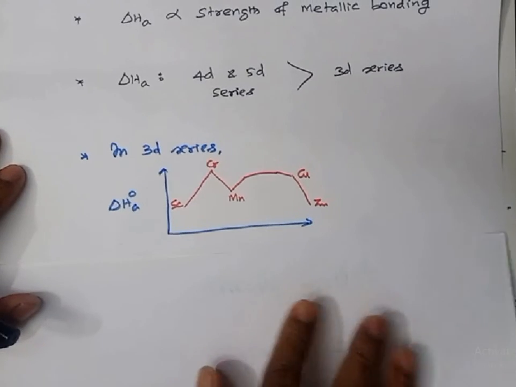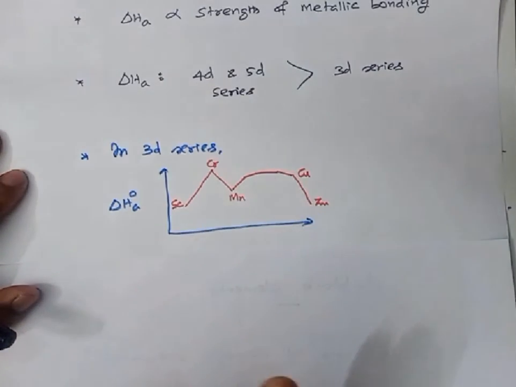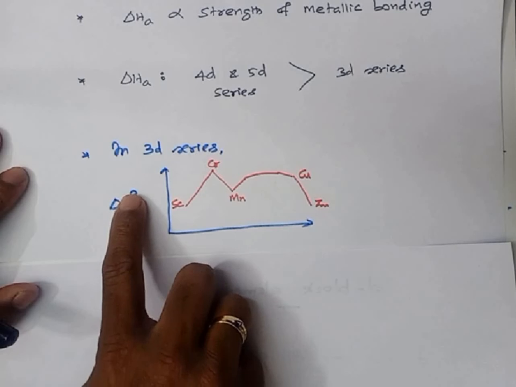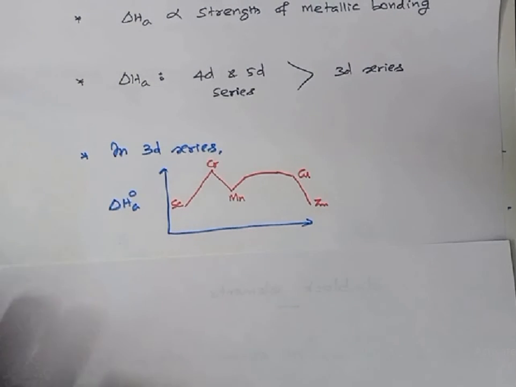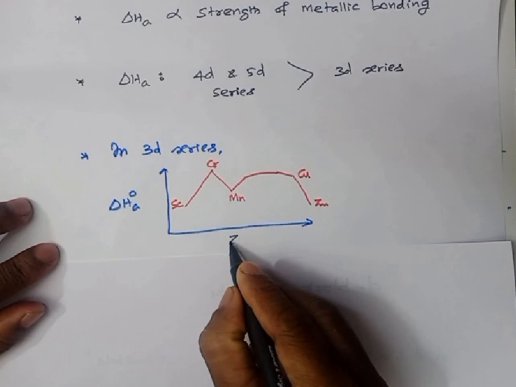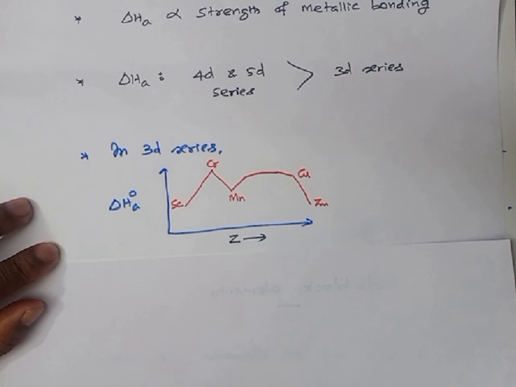See here, I have taken the 3d series because as far as your level is concerned, the 3d series is sufficient. If you plot standard enthalpy of atomization versus atomic number, this is atomic number, Z is the symbol for atomic number. What will happen, students?